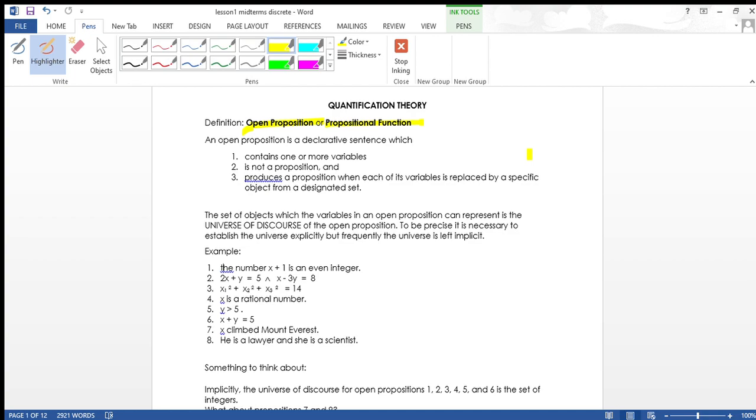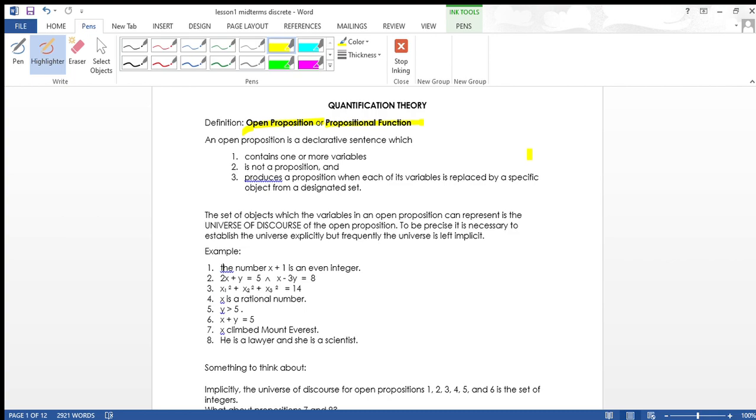We have learned during the prelims that a proposition is a declarative statement that can either be true or false. So an open proposition is a declarative sentence which contains one or more variables, but it is not a proposition. And three, it produces a proposition when each of its variables is replaced by a specific object from a designated set. So that makes the difference between a regular proposition and an open proposition.